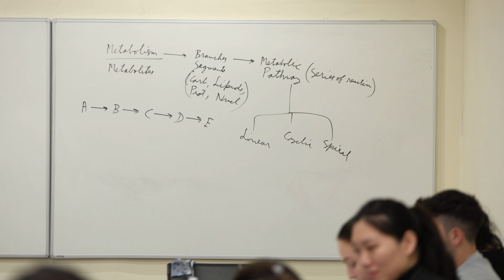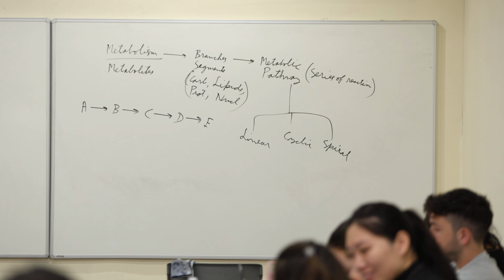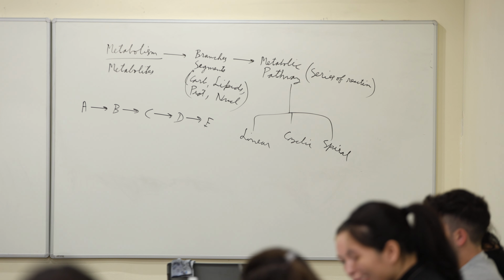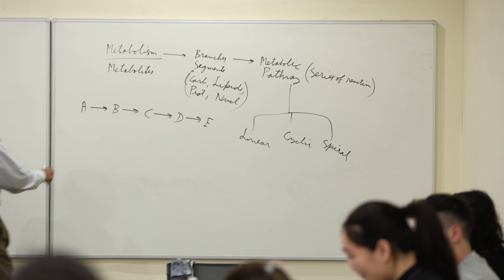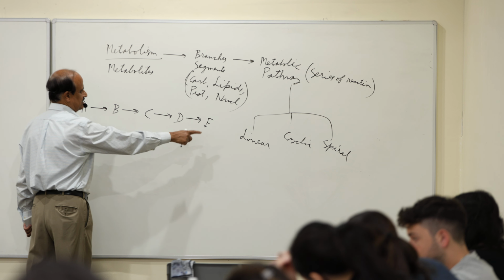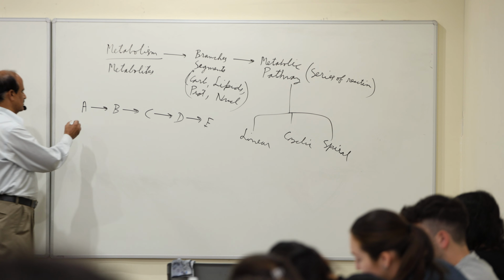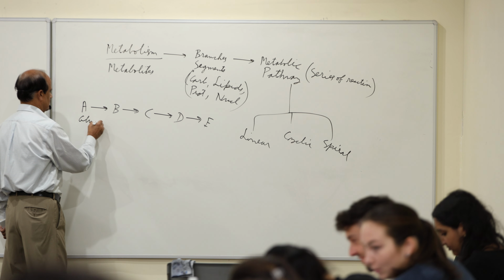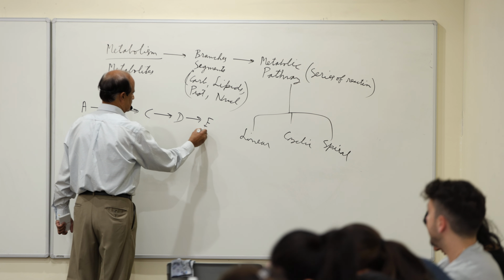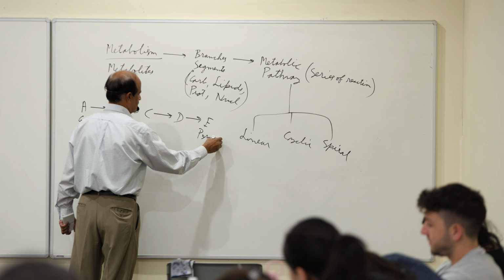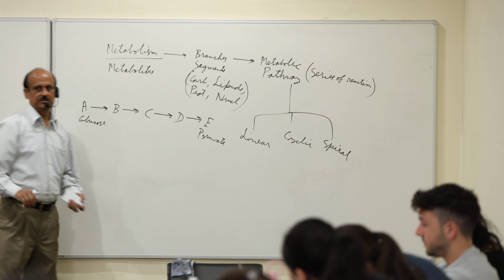But for the cell, it doesn't stop, it just continues from there. We have defined a pathway from here to here. So anything that goes in this fashion is a linear pathway. For example, you can go from glucose to pyruvate. That is a linear pathway.